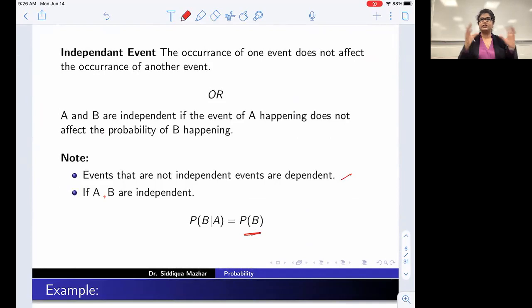Because these were independent events, the answer was the same as finding the probability of B, the second event. Keep this in mind: if your events or trials are independent, then this conditional probability equals the probability of B you are looking for. So this is equal.